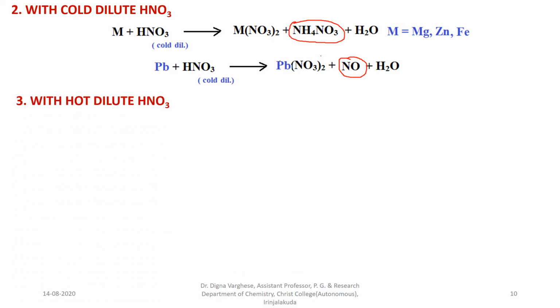Next reaction is with hot dilute nitric acid. With hot dilute nitric acid, zinc and magnesium will give the corresponding nitrates, nitrous oxide and water. We know nitrous oxide is known as laughing gas.